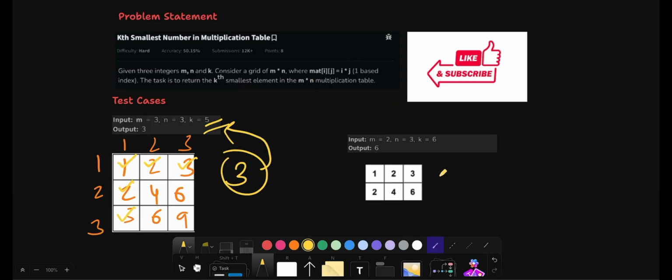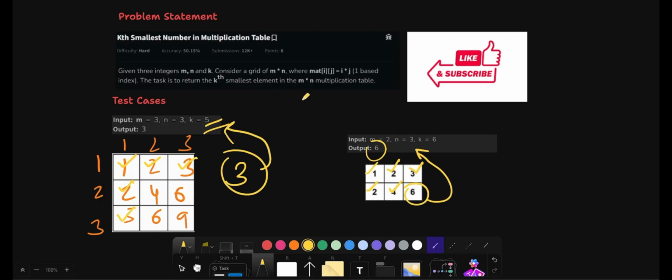In test case number 2, if we generate the array for m equal to 2, n equal to 3, we get this array. This 1 is the first smallest element, then the second, the third, the fourth, the fifth, and this is the sixth smallest element, and indeed that is our correct answer.